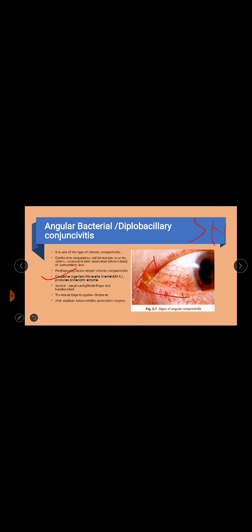So this is one of the chronic types of conjunctivitis which is confined to the conjunctiva and lid margin, at the angle, associated with excoriation of the surrounding skin, caused by Moraxella axenfeld. Source: nasal cavity, finger and handkerchief. Treatment is oxytetracycline ointment, zinc sulfate lotion, and zinc sulfate lotion inhibits the proteolytic agent.